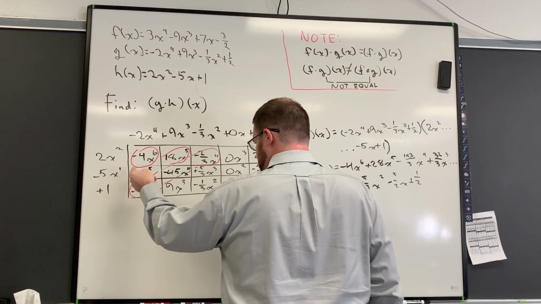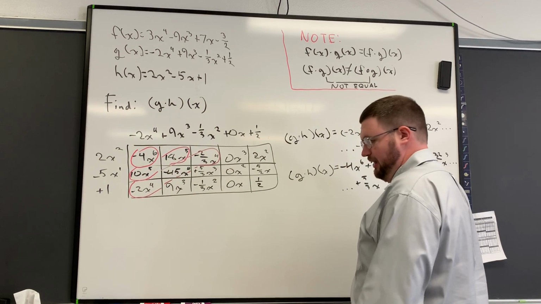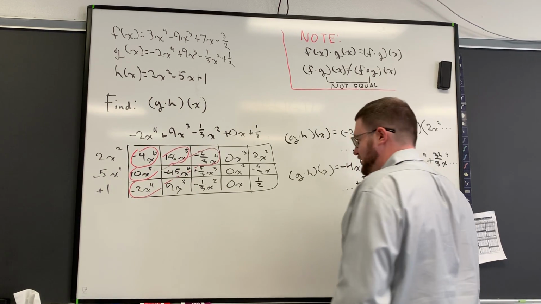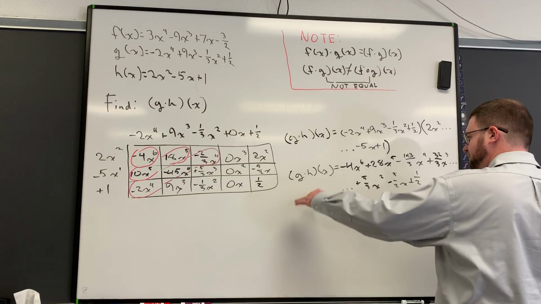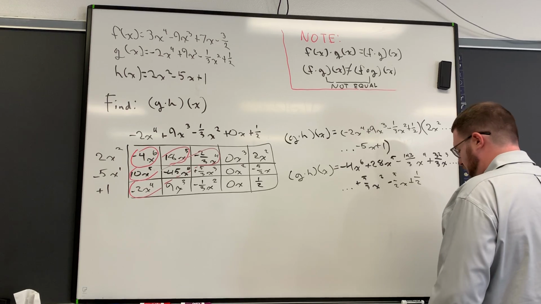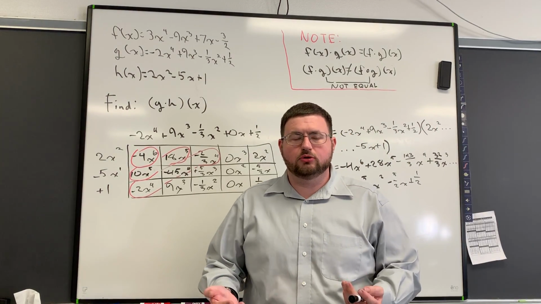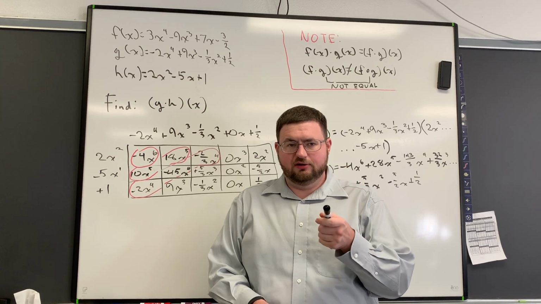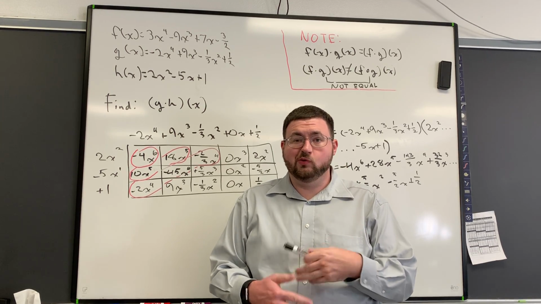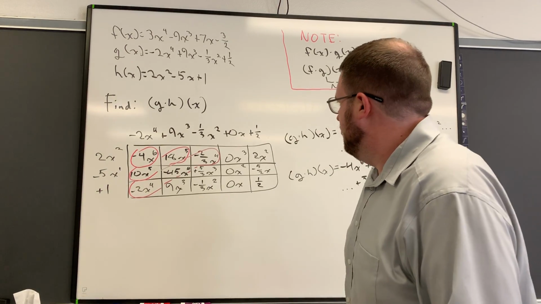The exponents stay the same, so this does not become 28x to the 10th. You're not adding those 5s. It's just 28x to the 5th. Function notation equals all the answers. At this point, if you don't want to see the slightly shorter way, then you can turn it off. If you want to see the slightly shorter way, keep on watching.